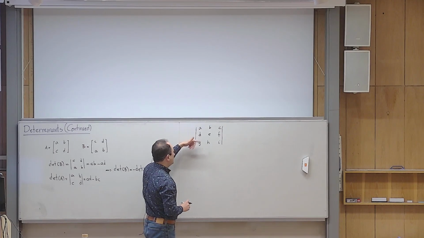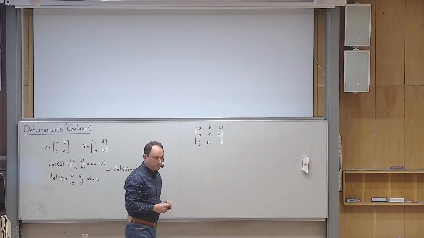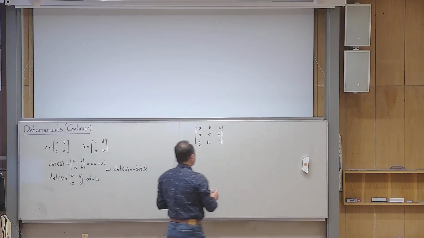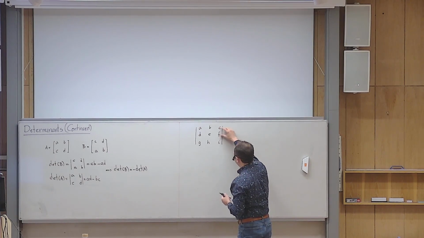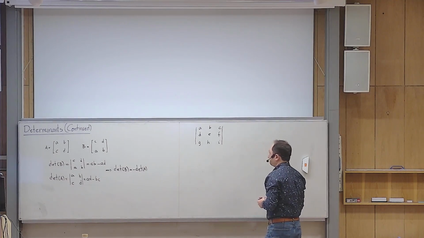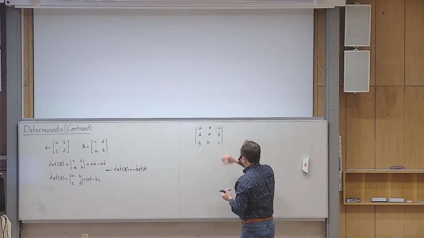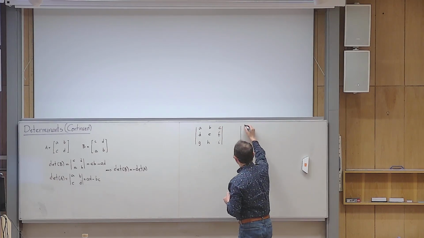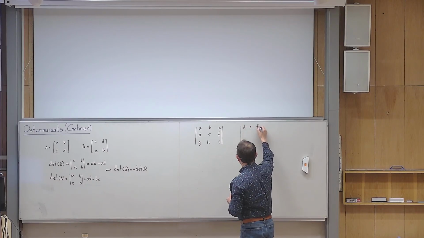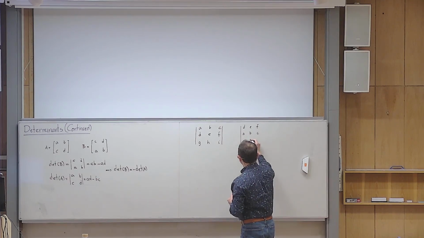What happens is that the determinant picks up a minus sign. But to prove this, first, I want to show this is true if I take two adjacent rows and interchange them. For example, let me take these two adjacent rows and interchange them. So what happens? It becomes D, E, F, and A, B, C goes down, and then I have G, H, I.